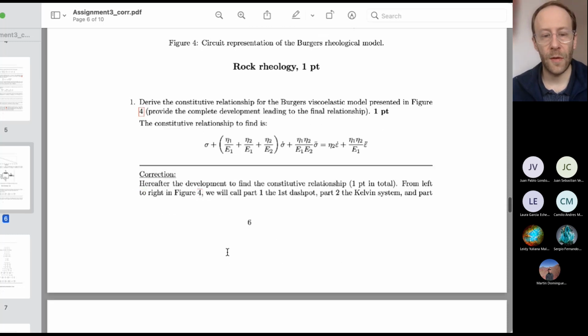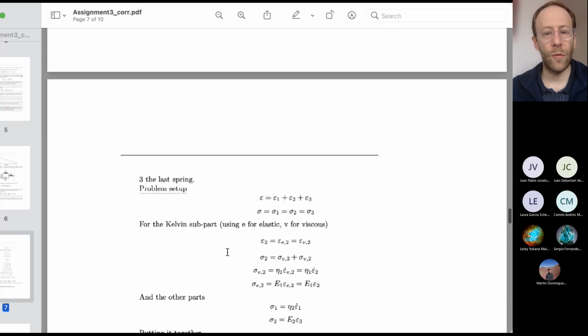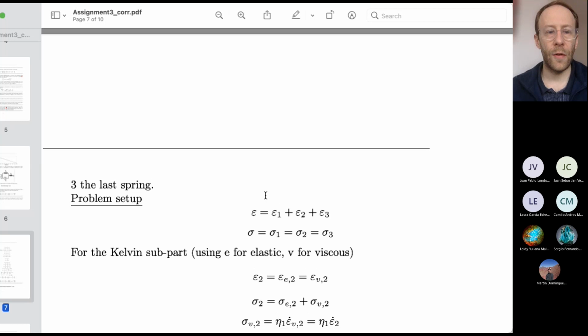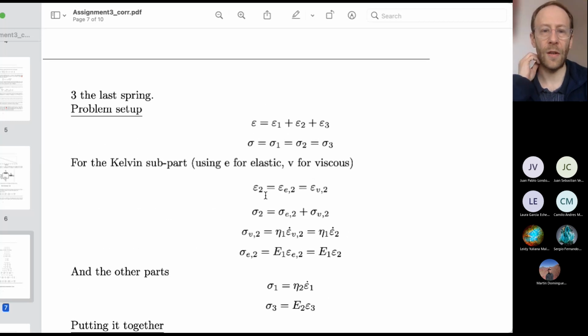The idea, in order to do it right, is to first gather all of the different things that you know about this model.